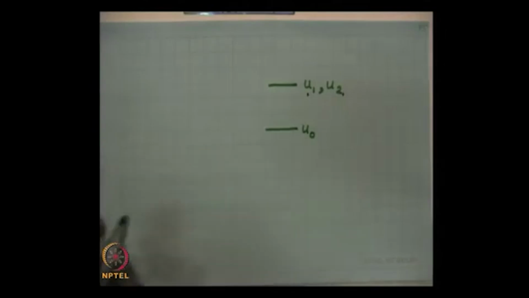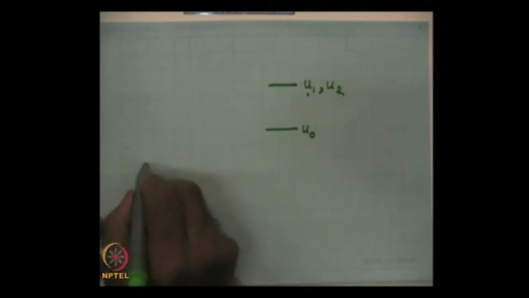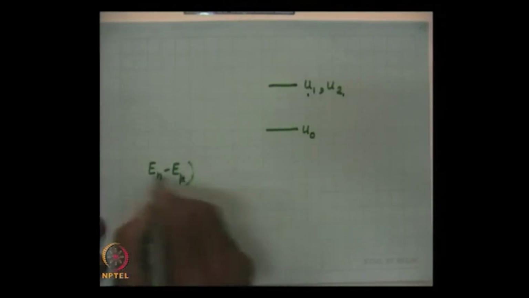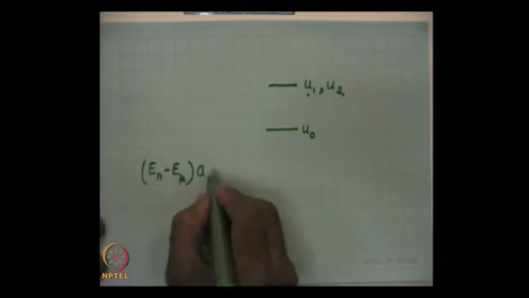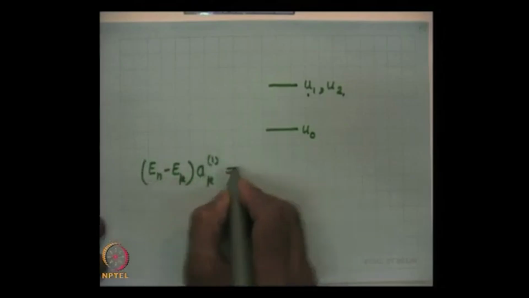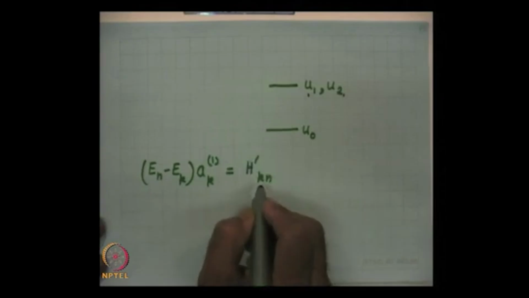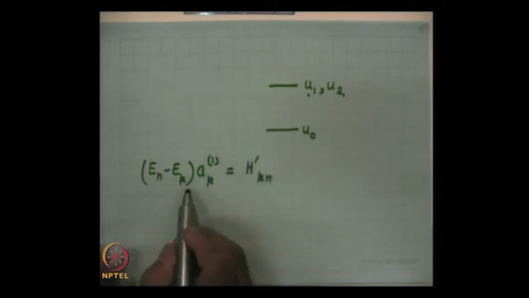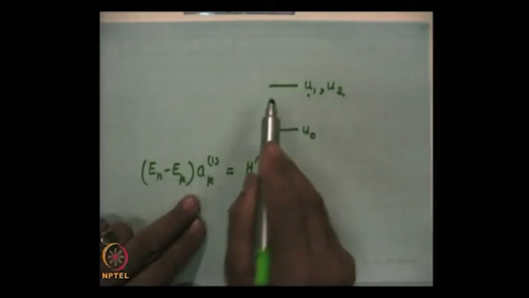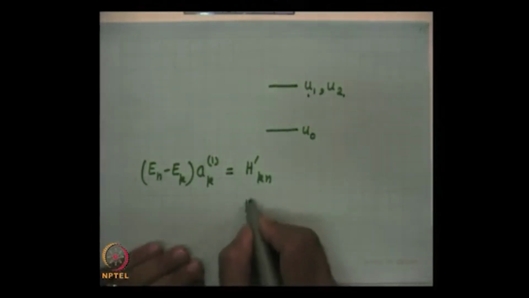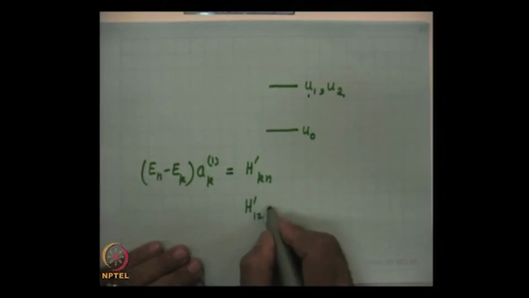So, if that is so, then this relation E n minus E k times A k 1 is equal to H prime k n says that I must choose such linear combinations for which H prime k n, that is H prime 1 2, must be 0.